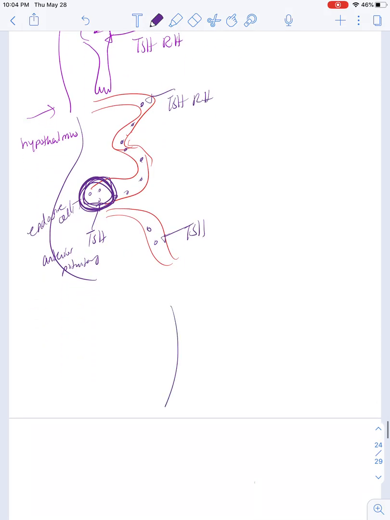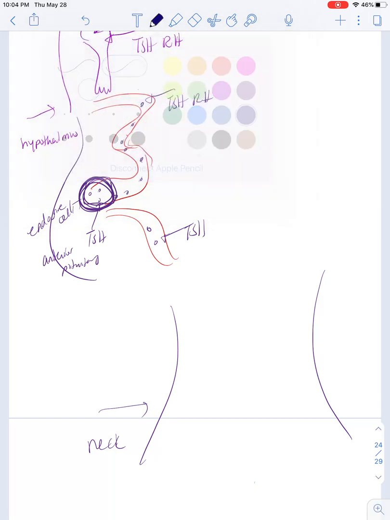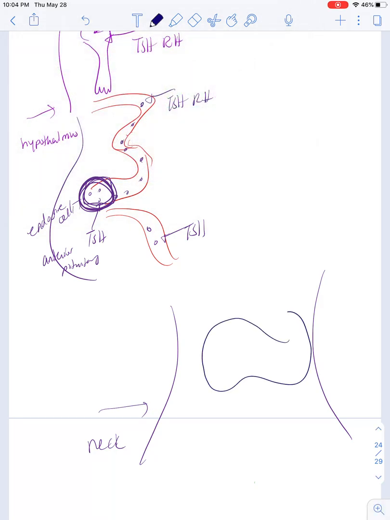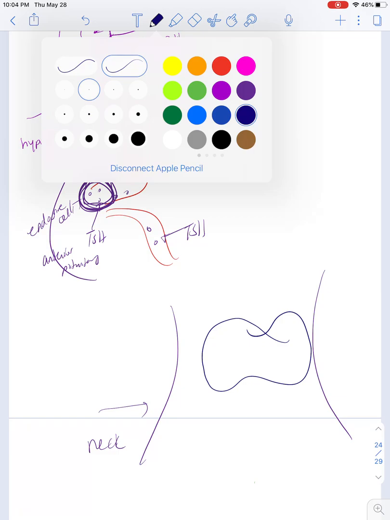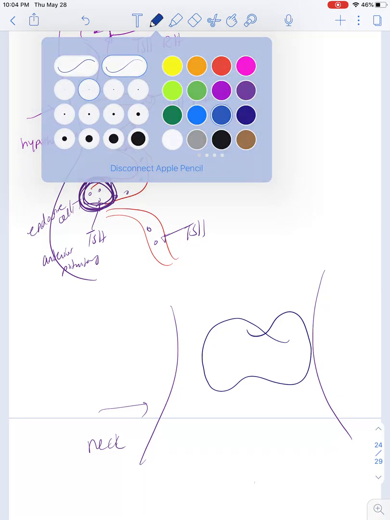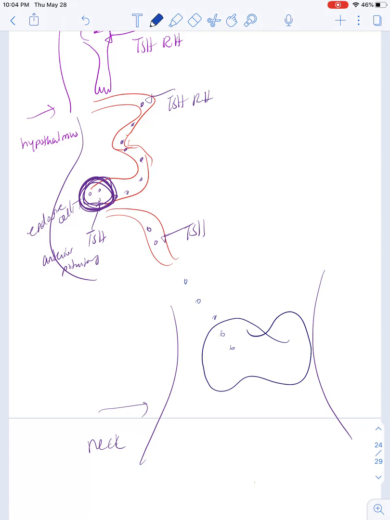So your thyroid gland is located in your, if you can imagine, this is your neck, and here is your thyroid gland in your neck. It's this gland right here. And so this TSH is traveling. And in this thyroid gland, you have an endocrine cell, and in it is the hormone thyroxine.